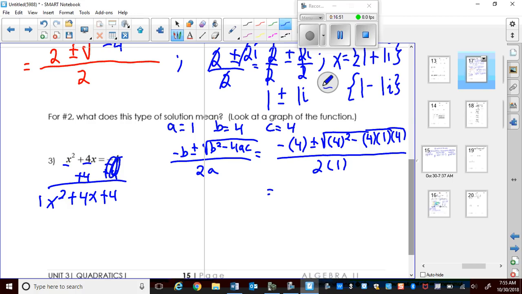We get negative 4 plus or minus the square root of 16 minus 16 divided by 2, or equals negative 4 plus or minus the square root of 0.